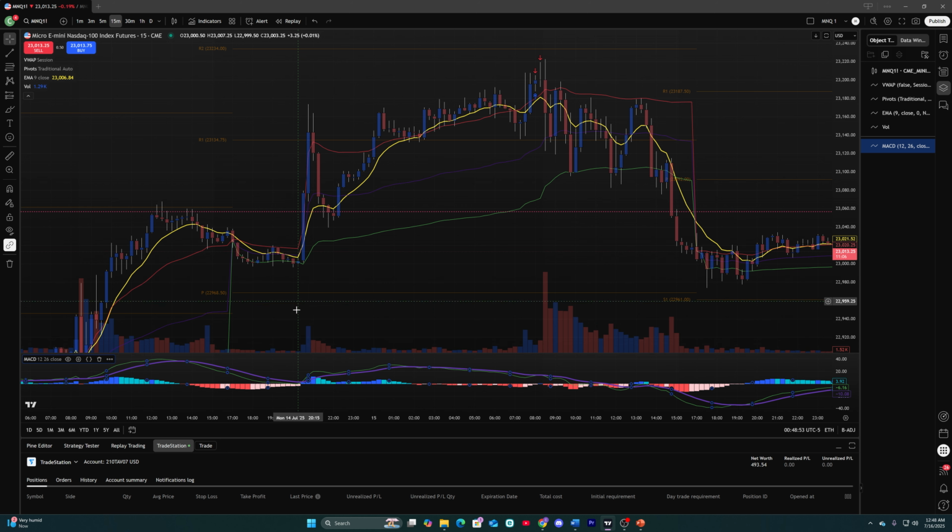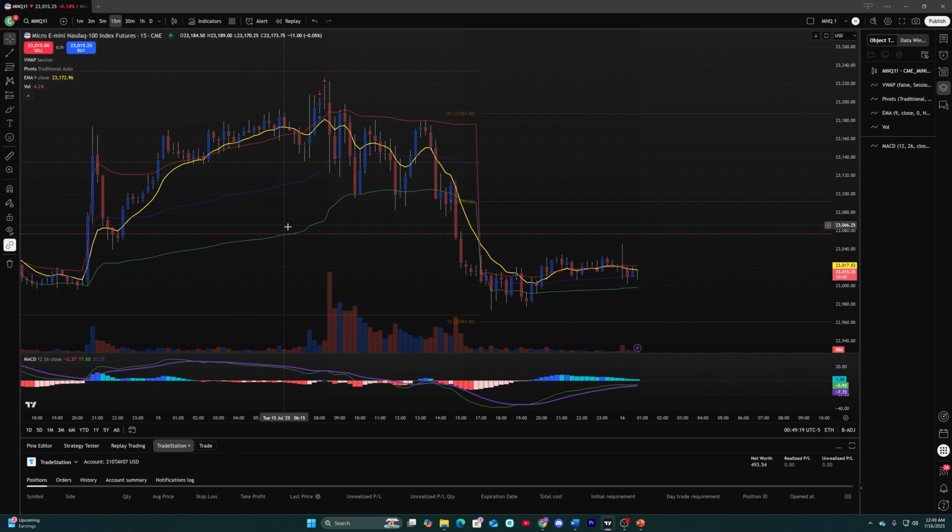We can see our histogram flips, our MACD line goes above the signal line, goes up past the 9 EMA, and goes into a pretty good bullish trend for these next 2 candlesticks.